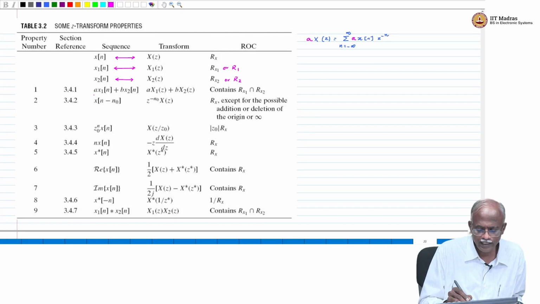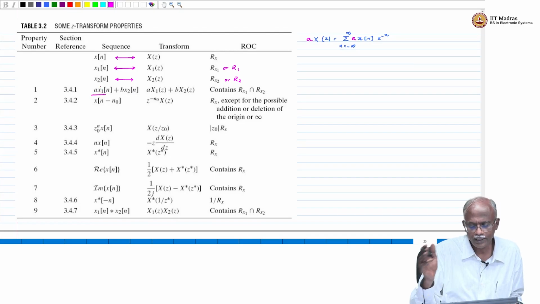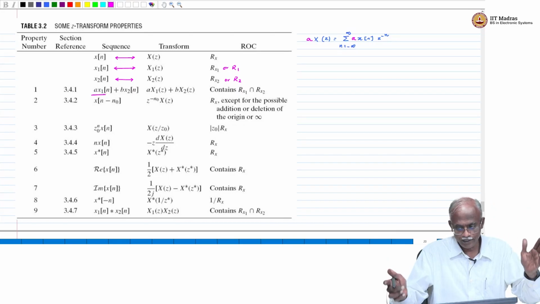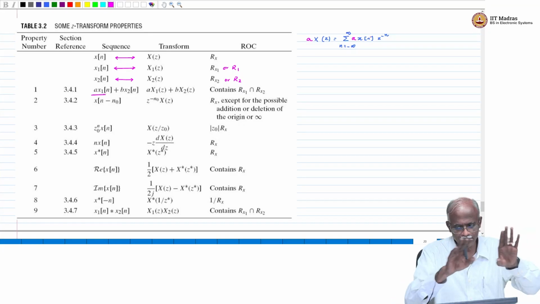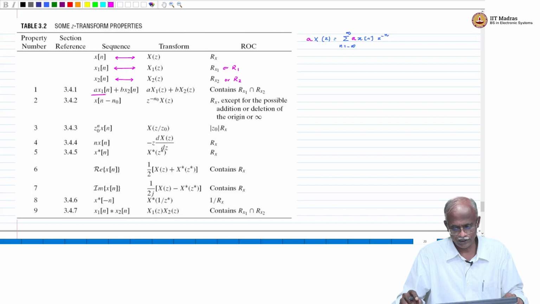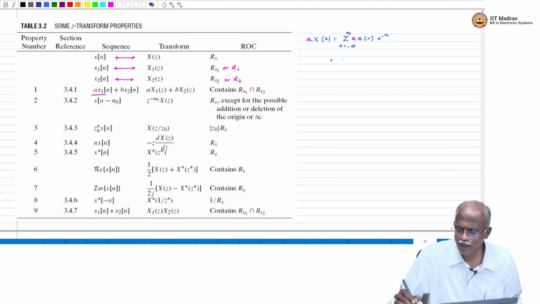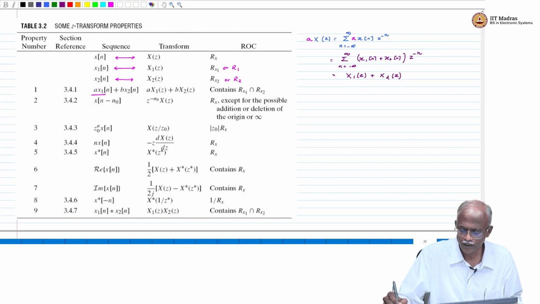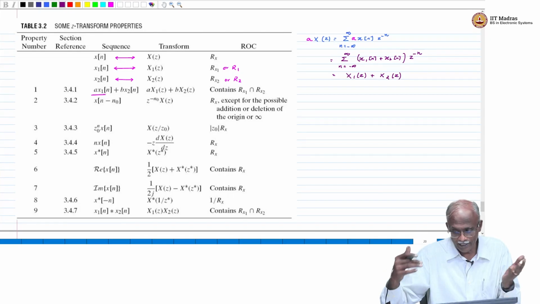So any sort of linear scaling is going to reflect in the scaling of the Z transform, and on top of that, because of the way the Z transform is defined, exactly like the DTFT, if you add two sequences, for example, summation n equal to minus infinity to infinity x1 of n plus x2 of n, and you are computing the Z transform, you can of course expand it and write it as x1 of z plus x2 of z. Okay, and if you scale x1 by a, x2 by b, doesn't matter.